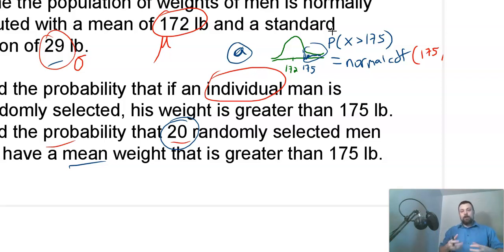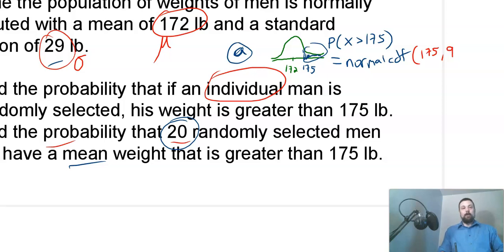In order for the model to work, we have to let the area go to infinity. So there's always some area, even at 5,000 pounds, and therefore some probability associated with it, even though we know the probability of somebody weighing more than 5,000 pounds would be 0. But for the purposes of using normal CDF, we have to go all the way to the right, which is infinity.